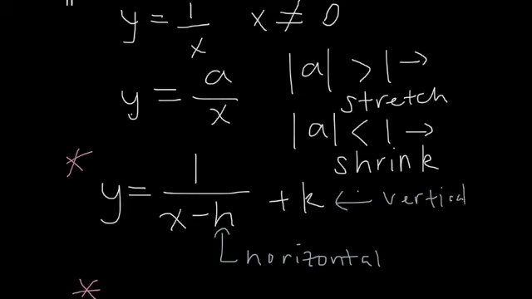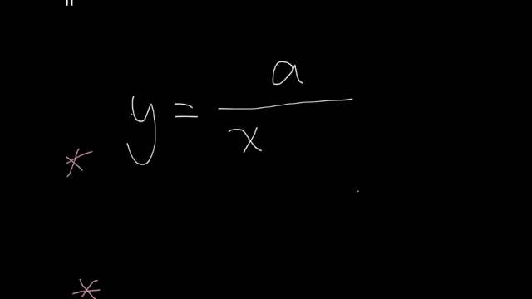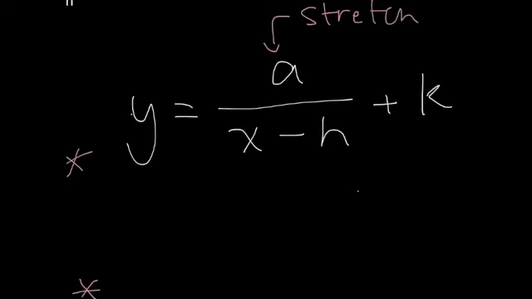And so you can ultimately combine this entire thing to form one equation, which looks like this: y equals a over x minus h plus k. And just to show you, each variable represents: a means that the graph will stretch or shrink.